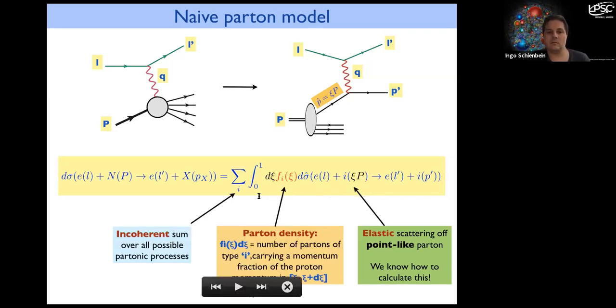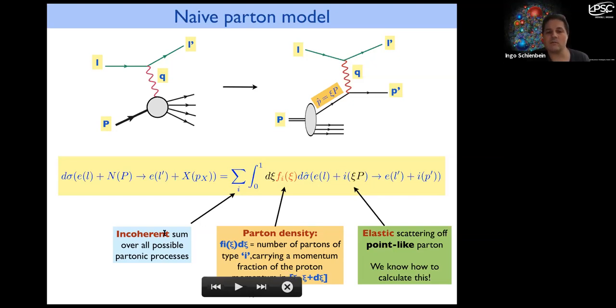And then to connect the hadron level cross section with this partonic cross section, we need to multiply it with the probability or the number density of partons of type i carrying a momentum fraction of the proton in the interval xi plus d xi.